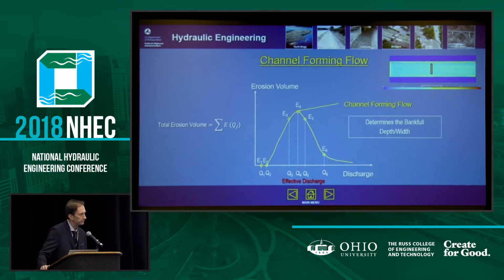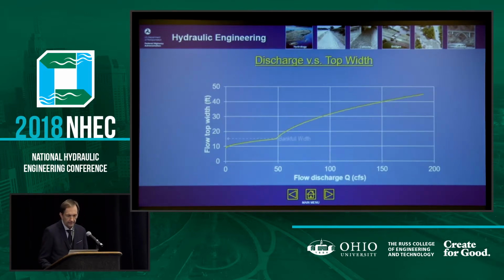Then we take this effective discharge and run that through our channel, and that would give the flow depth and the Bankfull width. So with this method, we can actually define what that Bankfull discharge is. So it's maybe a Q, but maybe not a Q2, something else, because that's just based on that maximum erosion volume.